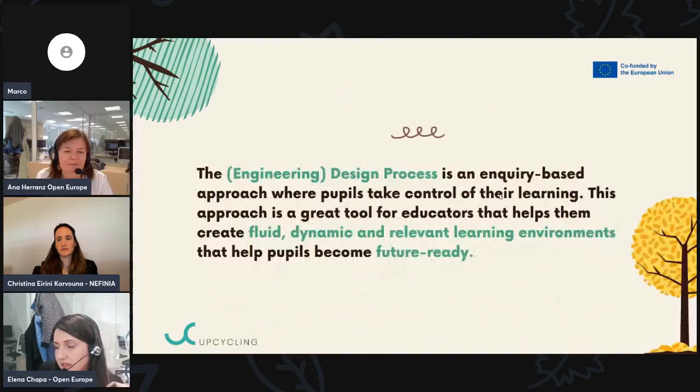So, engineering design process, which is the topic that brings us here. As I said, it is an inquiry-based approach, a process-based learning approach, and it's a method for teaching that creates a fluid and dynamic and relevant learning environment that helps people become future ready, as I was saying in the beginning.